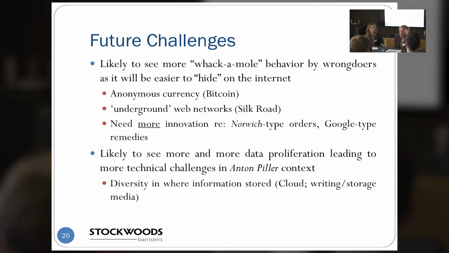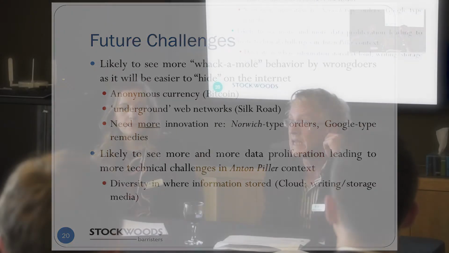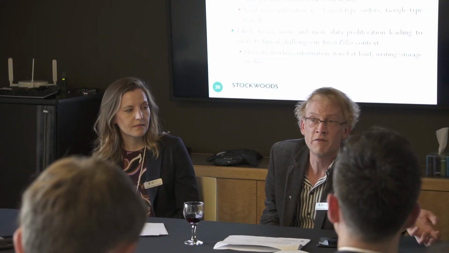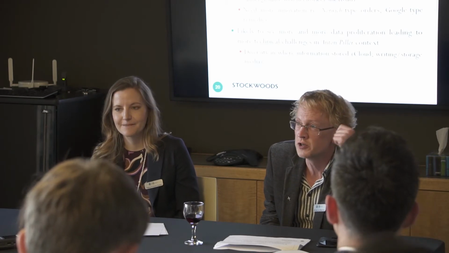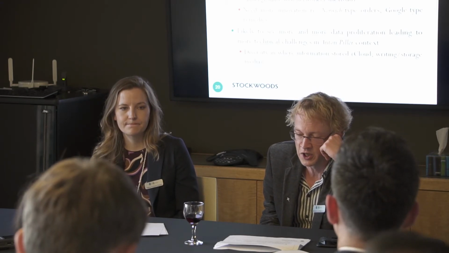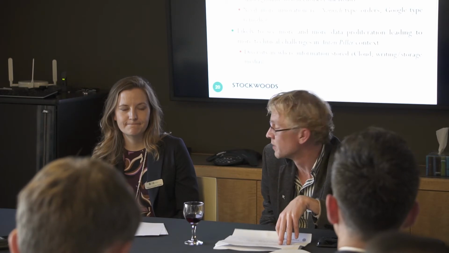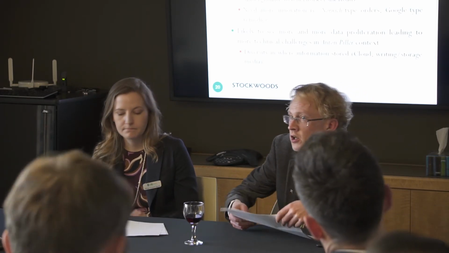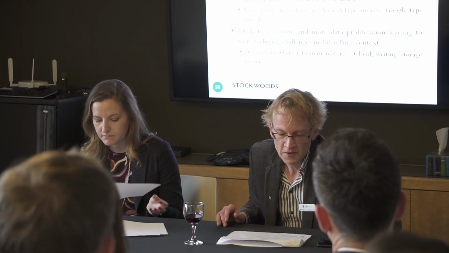We're likely to see more of the same in terms of data proliferation, leading at some point to insurmountable technical challenges in an Anton Piller context. Increasing diversity in where information is stored and how to get it in the context of a search when you have entire businesses run off of a cloud with no physical location at their premises to go and seize. As well as in removable media, which have been around for a bit longer, but large-scale removable hard drives and so forth.